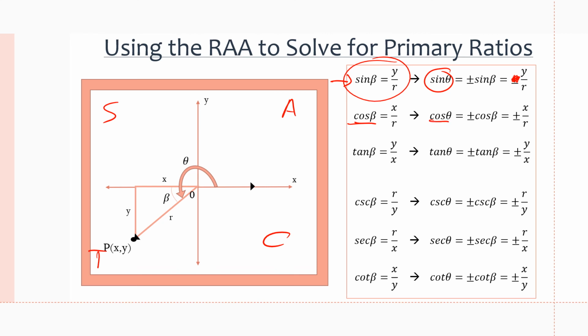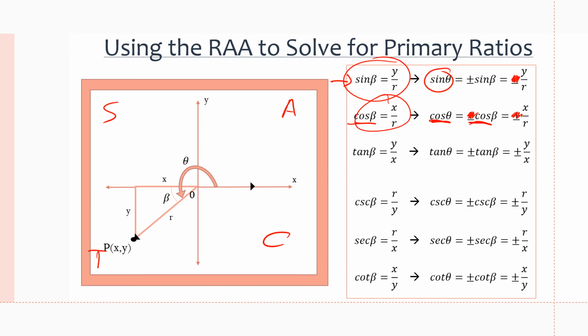So cosine of theta equals plus or minus cosine of beta. We substitute x over r for cosine beta, and since we're in the third quadrant, it's a negative sign. Negative x over r will be our cosine ratio for the principal angle.